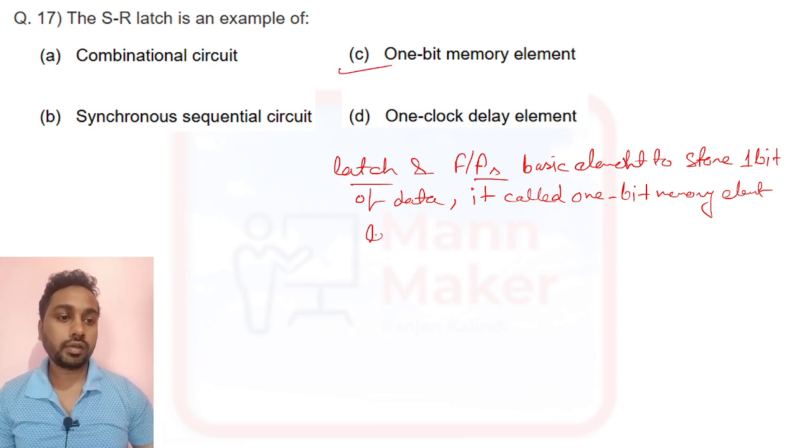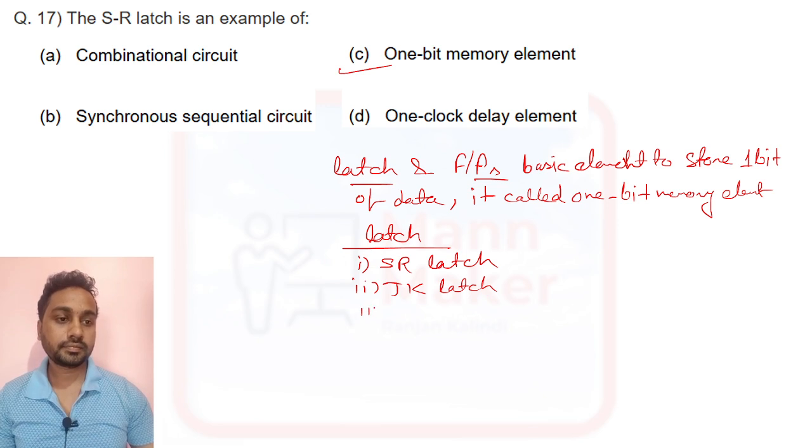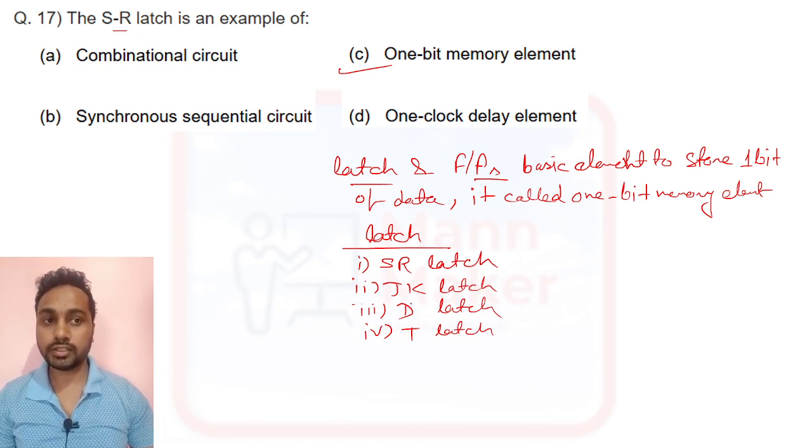We have four types of latches. First one is SR latch, JK latch, D latch, and T latch. In the question they have asked about SR latch. If they ask about JK latch, then it is also a one bit memory element.